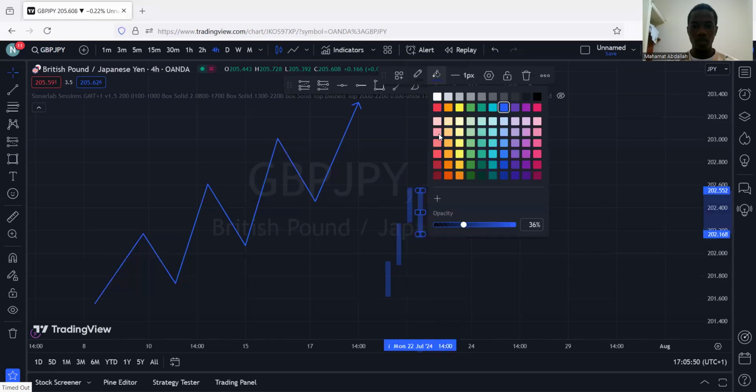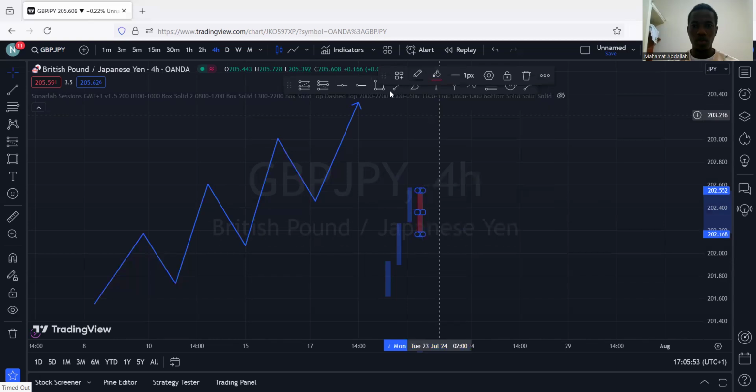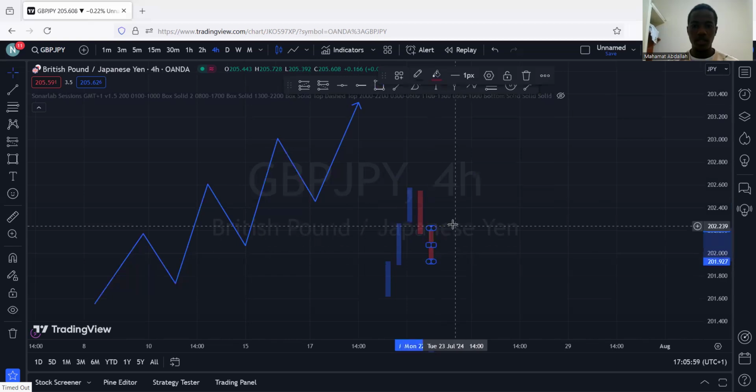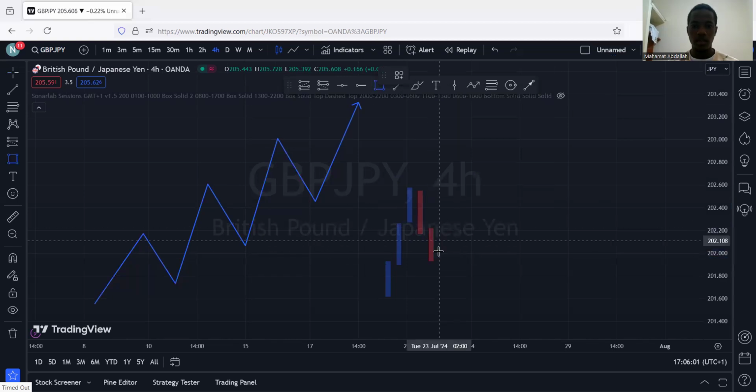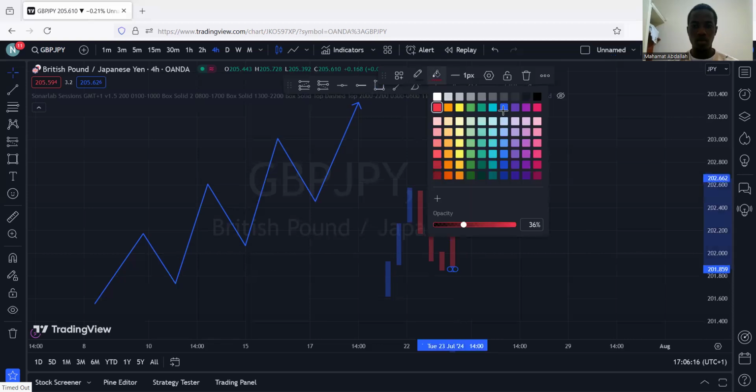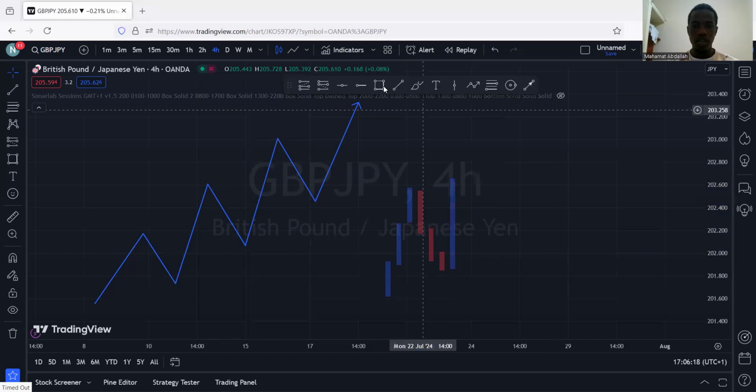Then you have a bearish retracement like that. Then you have the next bullish impulsive move, right? Which is from here upward. Let's keep that blue. So that's the next bullish move.